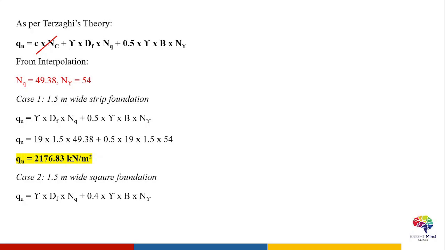So the equation is written as gamma into Df into Nq plus 0.4 into gamma into B into N gamma. Substituting the values, we get the value of the ultimate bearing capacity as 2022.93 kilonewton per meter square.